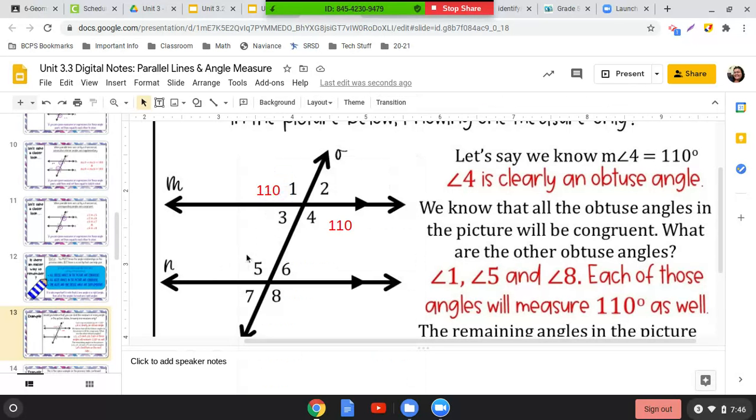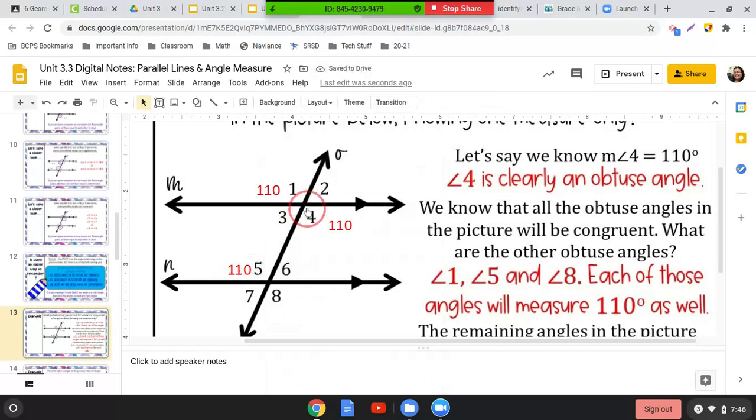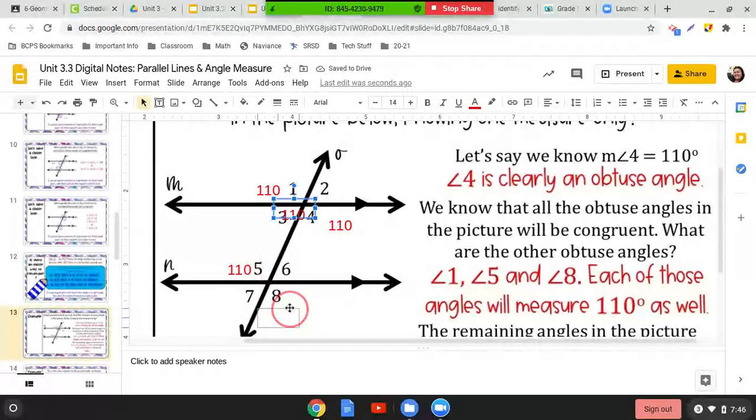This angle is going to be 110 degrees. And then 8 is going to be 110 degrees. Because these are all the obtuse angles. And they are all congruent.